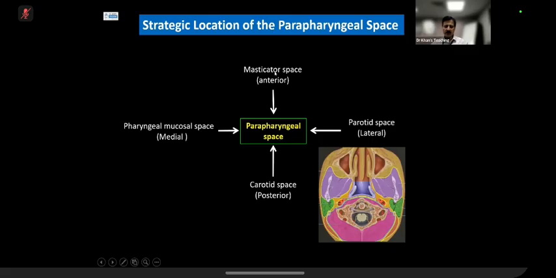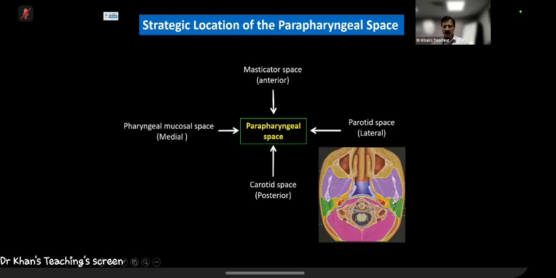Anteriorly is the masticator space. If there is a mass in the masticator space, it will displace the parapharyngeal space posteriorly. Parotid space is lateral. Remember that in the parotid gland, there is a superficial lobe and a deep lobe.